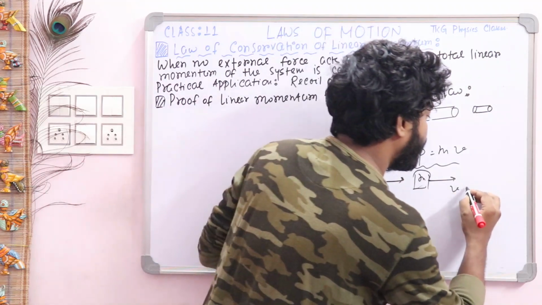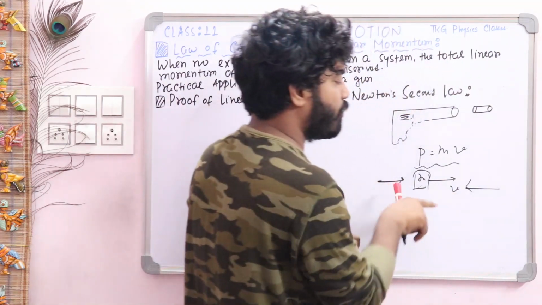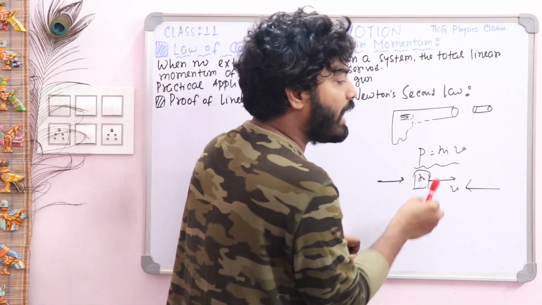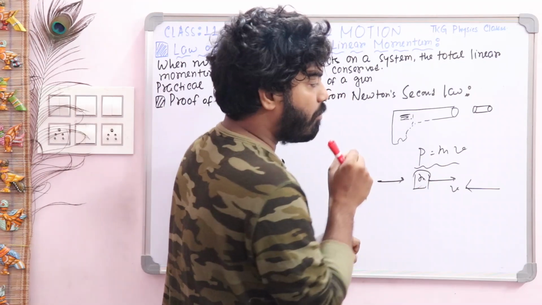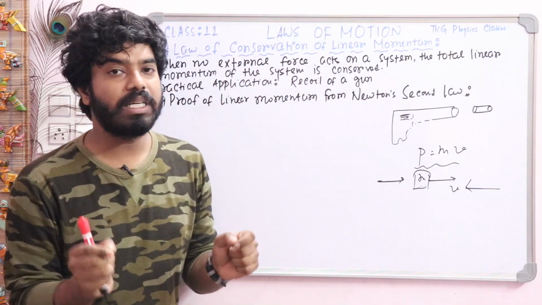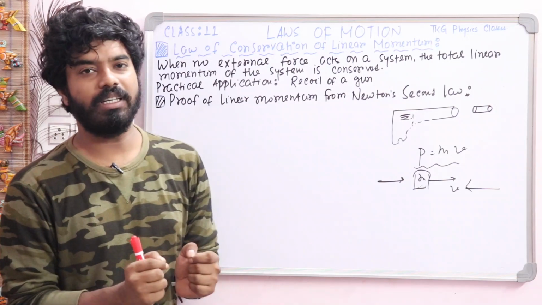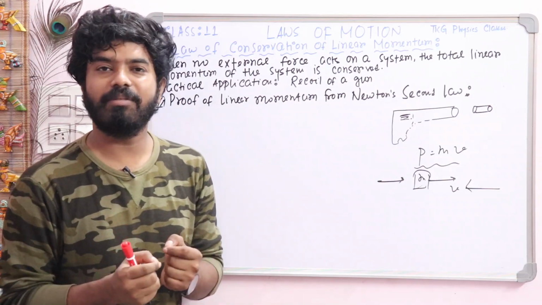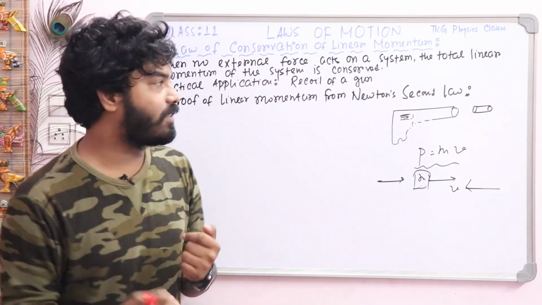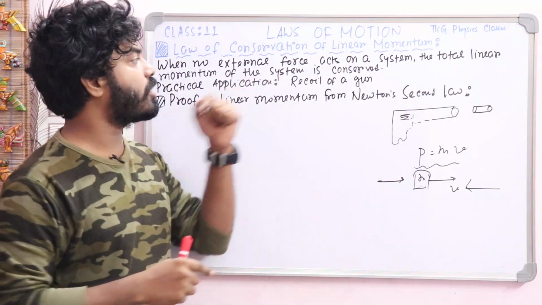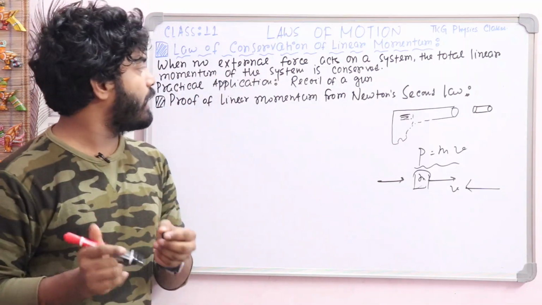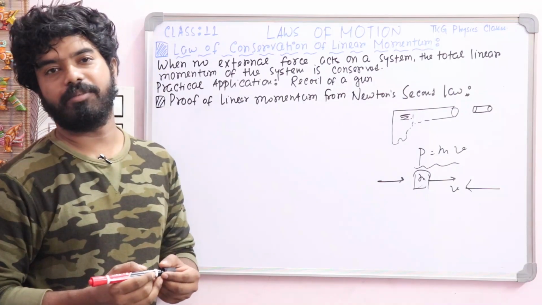Now suppose we apply a force in the opposite direction of the motion of that body, so here linear momentum will decrease. But if no external force acts on a body, in that case the linear momentum remains the same. And this is our statement. Write it: when no external force acts on a system, the total linear momentum of the system is conserved.